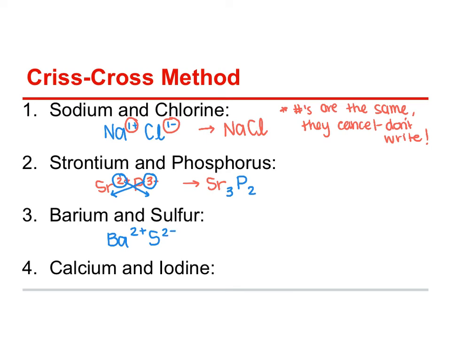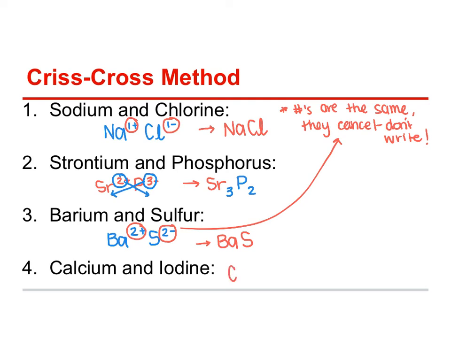Okay, so this is our special case. If the numbers are the same, that's what we looked at up here, they cancel out. We don't write them. So it's just going to be BaS, just the letters. Okay, let's try one more here.